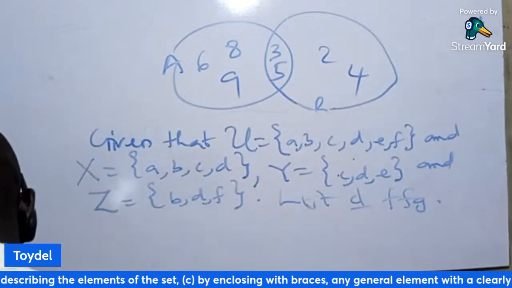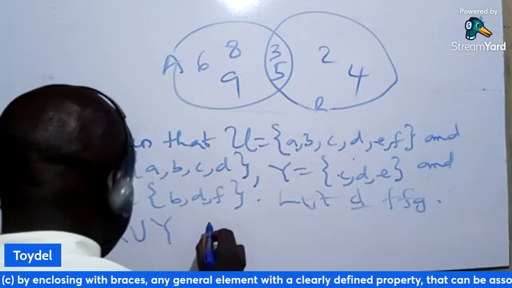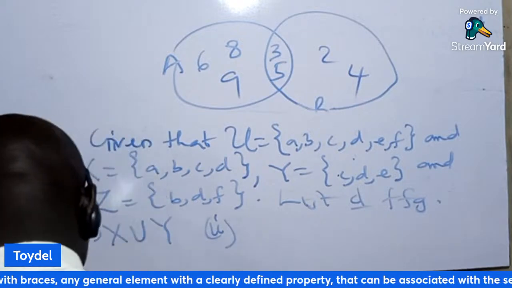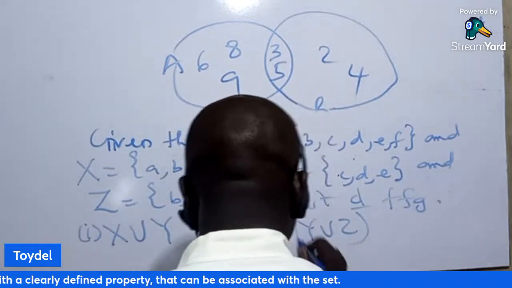List the following. Number one, the first one, X union Y. The second question, we have to list X union Y union Z.